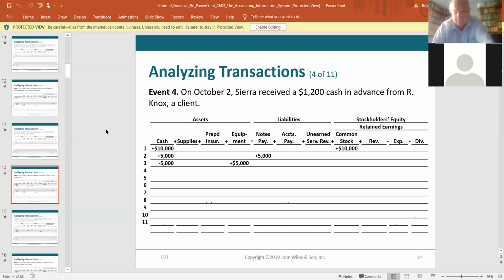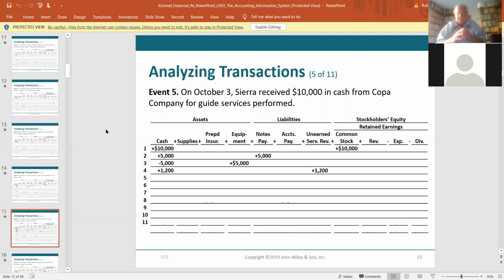The other half is going to be called something called unearned service revenue, which you've not seen yet. When you receive money in advance from a customer prior to doing anything, you cannot call that income. You have to call that a liability called unearned service revenue. You owe this person the service, not money, but the service.